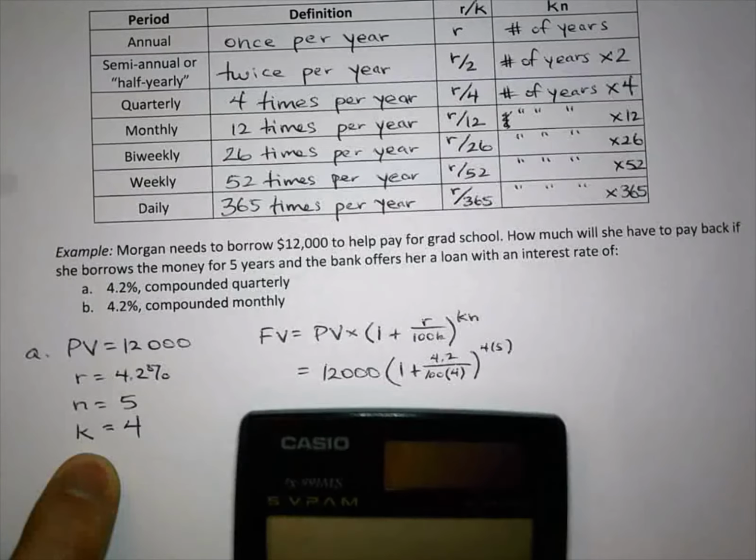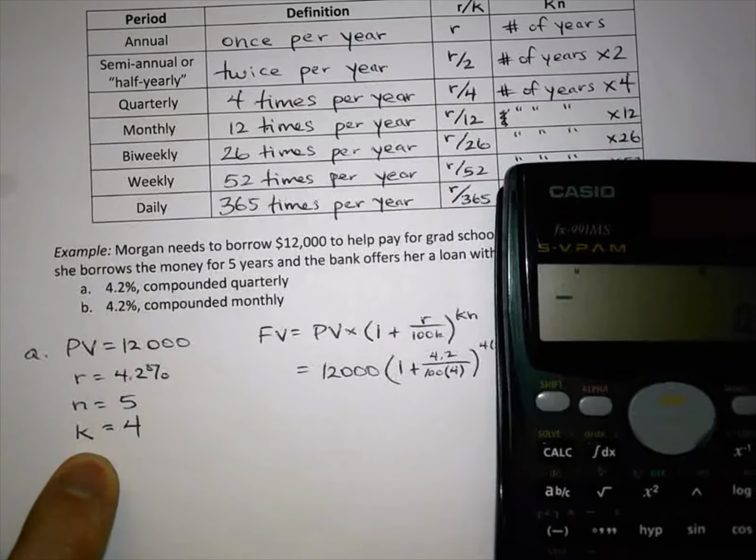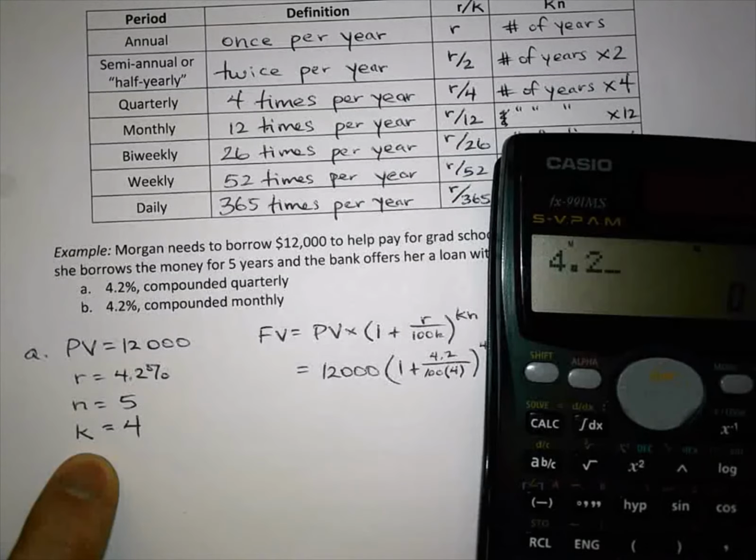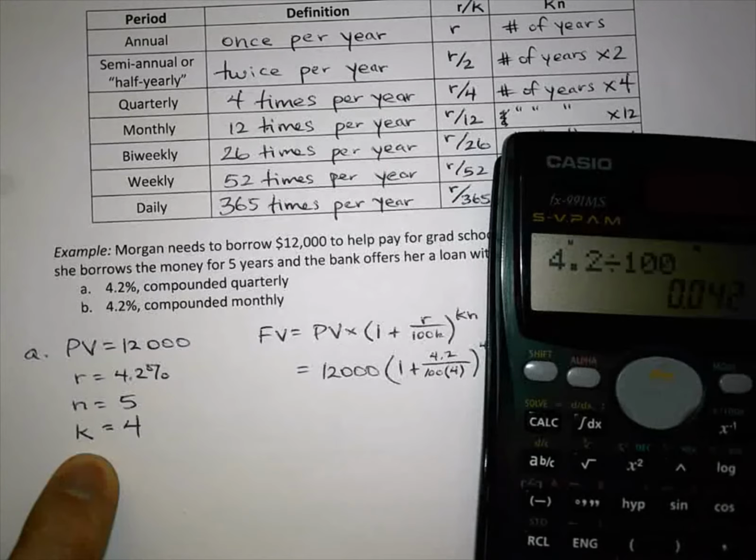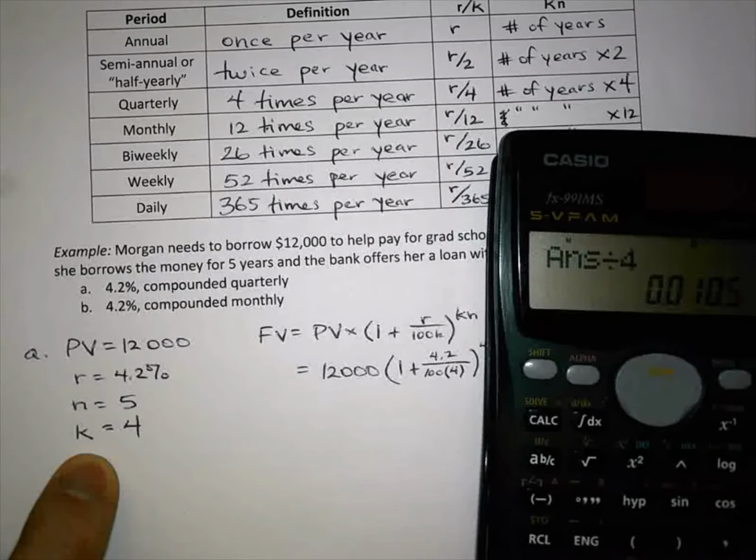So let's do the math now. It would be 4.2 divided by 100 to get the decimal, divided by 4. So that's how much interest I'm getting every quarter. Add that to 1, and I'm raising that to 20 because there are 20 compounding periods. And now I multiply that by 12,000.